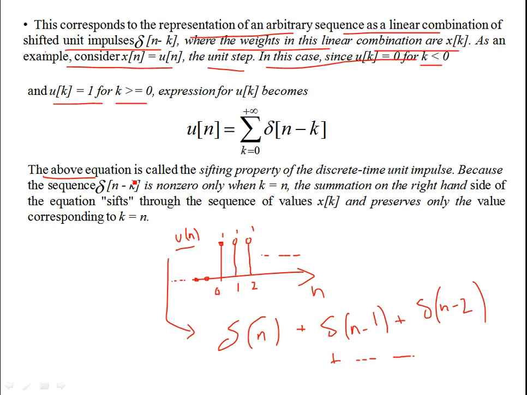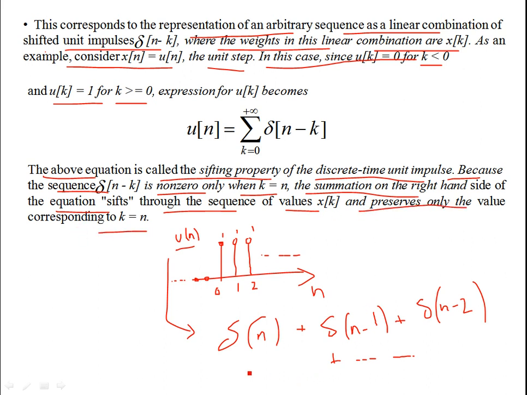So the above equation is called the shifting property of the discrete time unit impulse, because the sequence delta n minus k is non-zero only when k equal to n. So the summation on the right hand side of the equation shifts through the sequence of the values x k and preserves only the value corresponding to k equal to n.